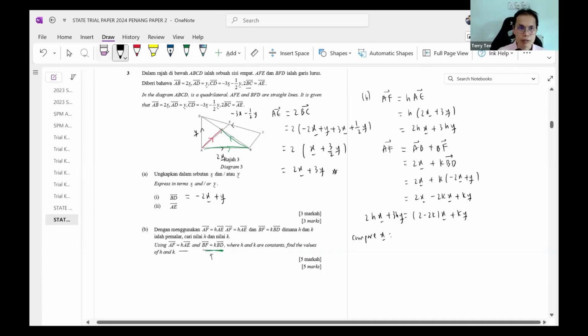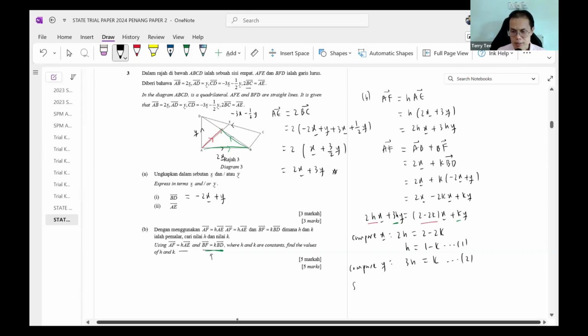The number in front of x is 2h, which you compare with 2 minus 2k. 2h equals 2 minus 2k. We can divide everybody by 2, so h is 1 minus k. Call this equation number 1. Then we compare the coefficient of y: 3h compared with k. So we can say 3h equals k, equation number 2.